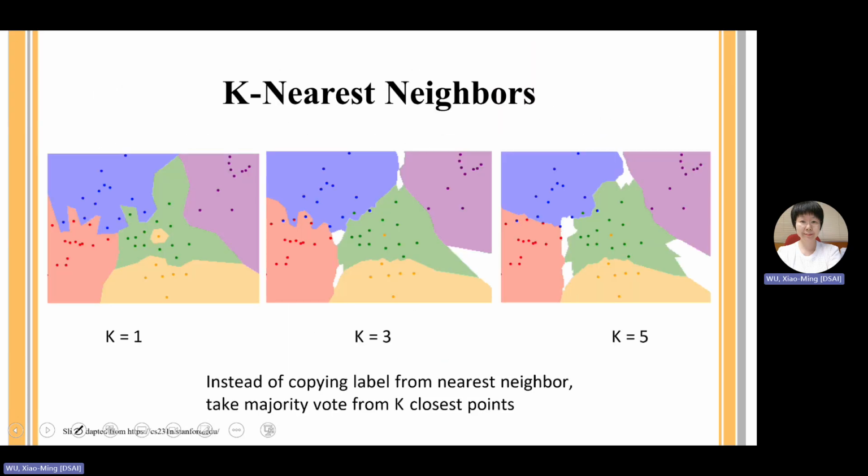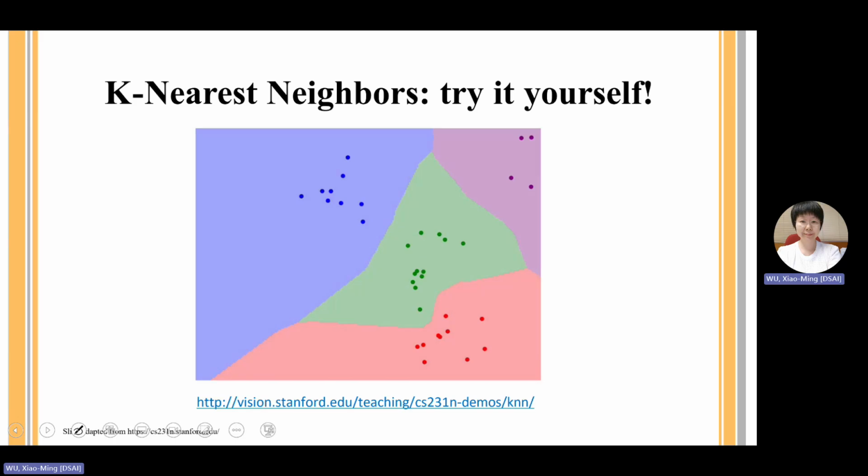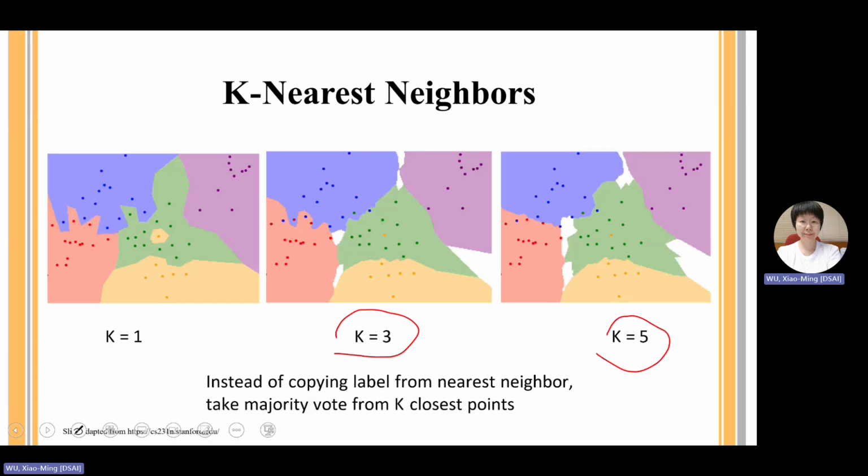And what if we use 3 nearest neighbors and 5 nearest neighbors? Can you see the difference? Immediately, let's look at this area. If you use 3 or 5 nearest neighbors, it smooths out the outlier.